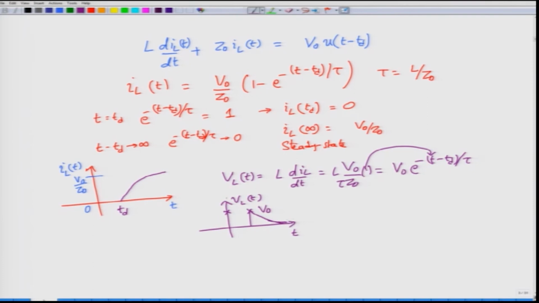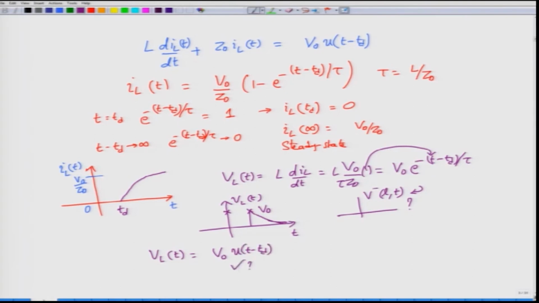So this is the load voltage, but what is my reflected voltage? If I ask you what is V minus, where minus is a superscript, V minus of L comma t, that is the reflected voltage at the load. What would it be? It's very easy to find out. Remember, VL of t is the load voltage, which is given by V0 u(t minus Td). Do you remember where this is coming from?